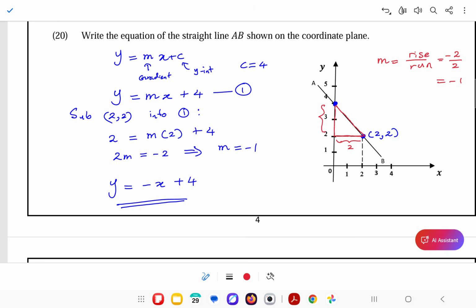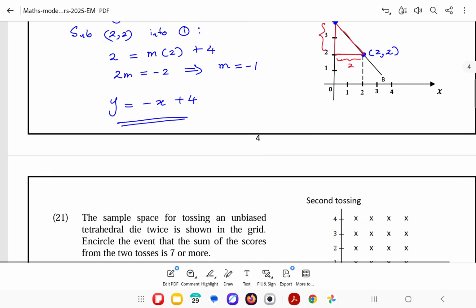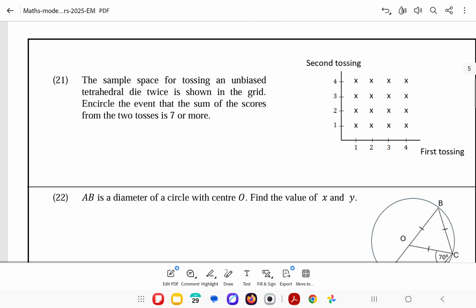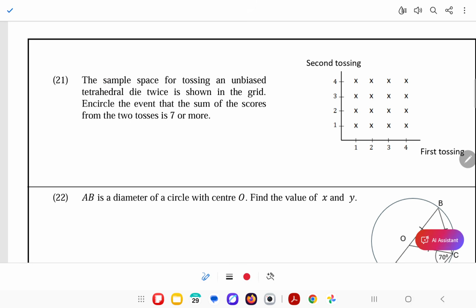Okay, right. Then let's look at question number 21. The sample space for tossing an unbiased tetrahedral die twice is shown in the grid. Encircle the event that the sum of the scores from the two tosses is 7 or more.